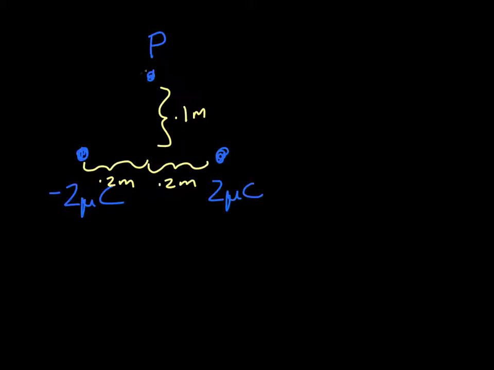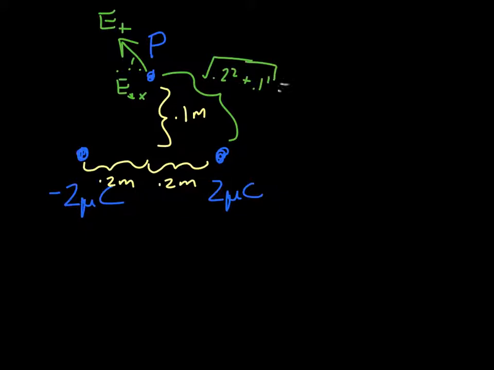If we're interested in this E plus in the x direction, you need to know the distance between here. In this case, this would be the square root of 0.2 squared plus 0.1 squared, which equals 0.05 meters.